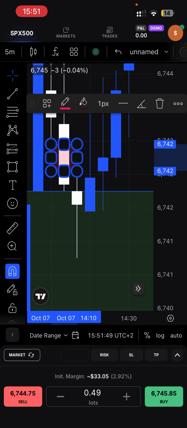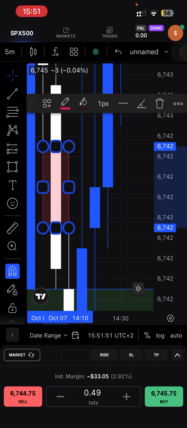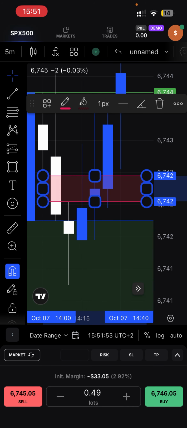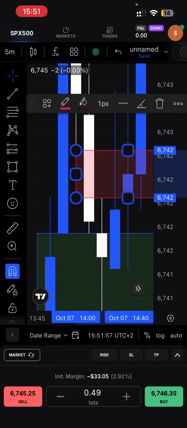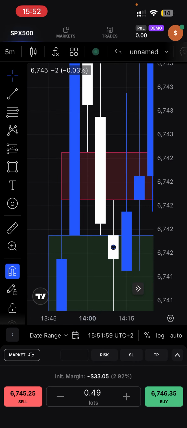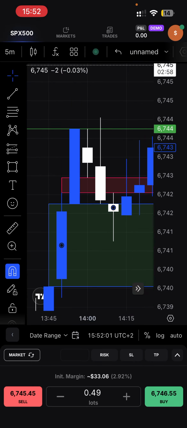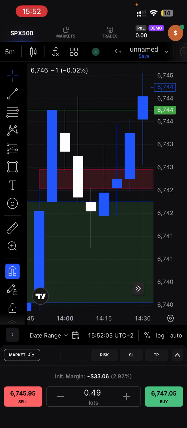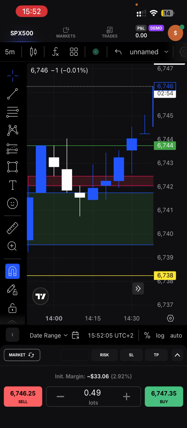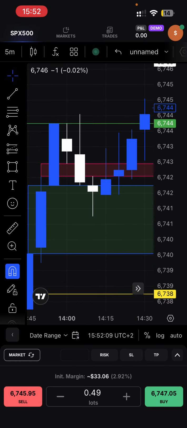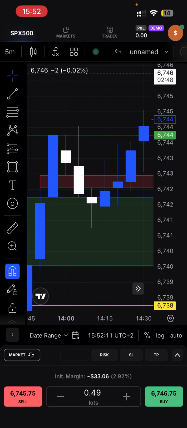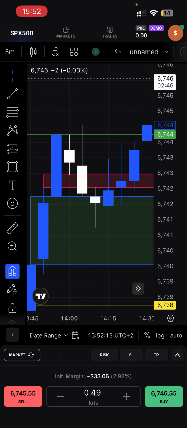And this is not just a fair value gap. This is an inverse fair value gap. It's actually an Evo fair value gap as well, because you can see right here, those two overlap. So it's a Clash Royale Evo Mega Knight, right? So even more of a valuable confluence.